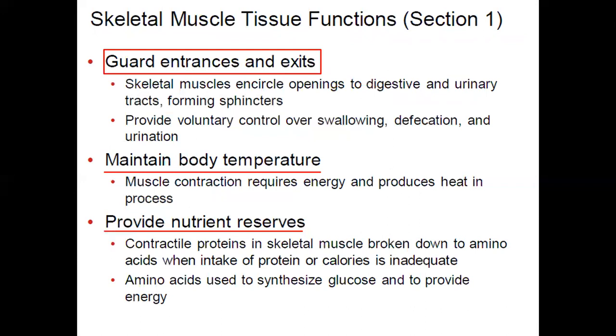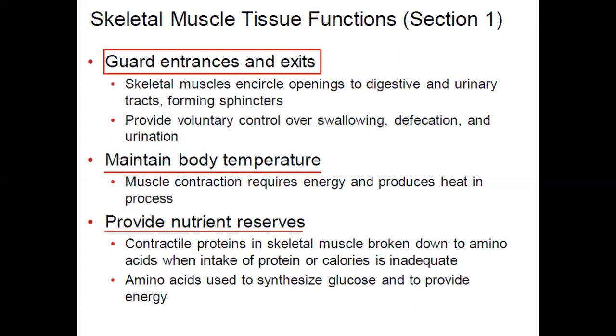So they basically control swallowing and defecation and urination. If you've ever had to run to the bathroom to pee and had to hold it, you can squeeze a sphincter and hold it while you're running to the bathroom. That is an example of a sphincter that you have control over.